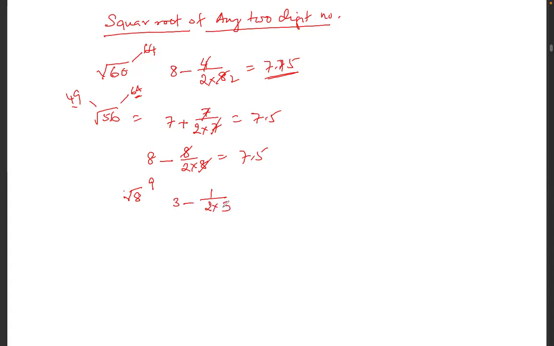So 3 minus 1 by 6. Now you need to know 1 by 6, how much in percentage. Okay, so that's how much? 16.667%. Okay, so how much you get? Sorry, 2.83.